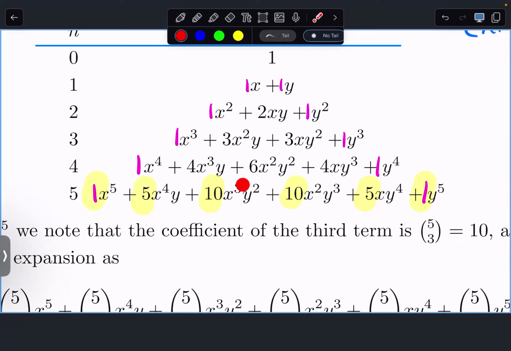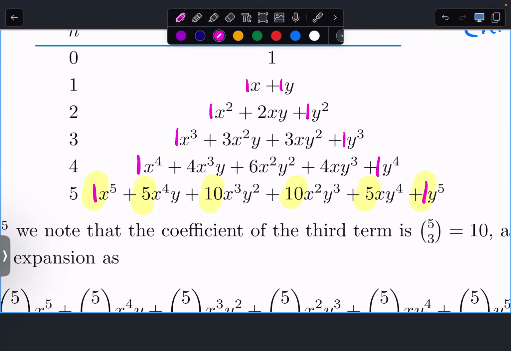Then we have x to the 3, y to the 2. The power on x decreases by 1 and essentially gives it to the y, but the total power is always going to be 5 if n is 5.